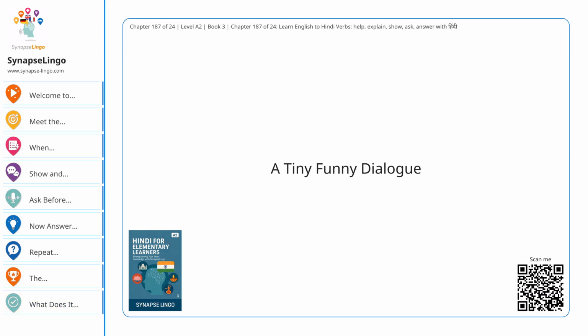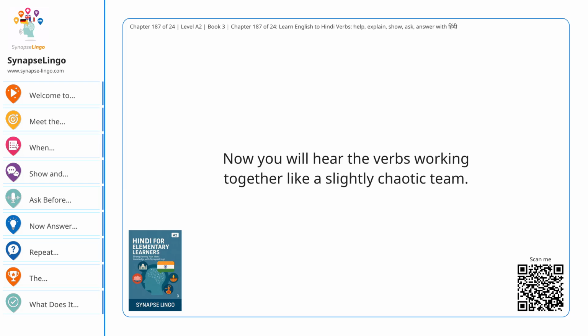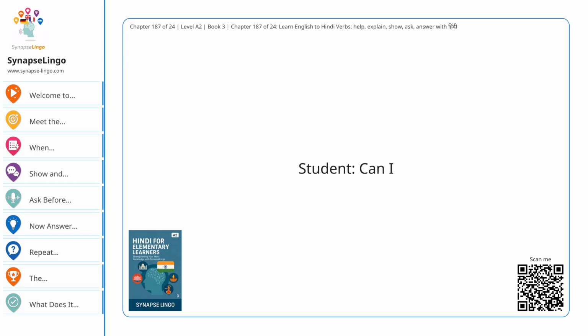A tiny funny dialogue. Now you will hear the verbs working together like a slightly chaotic team. Student. Can I पूछना something? Teacher. Yes, please पूछना. Student. What does this word मतलब होना? Teacher. I will समझाना and दिखाना you with an example.